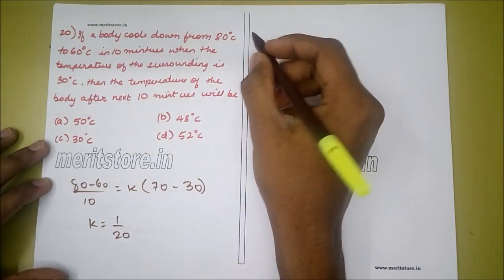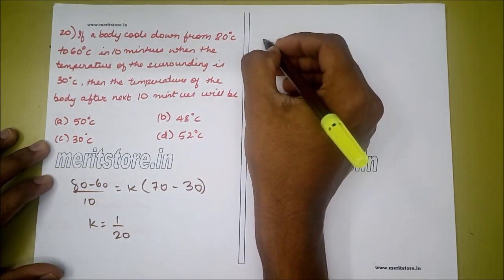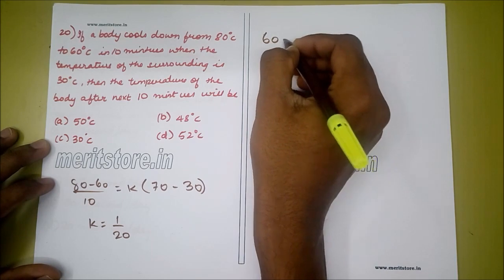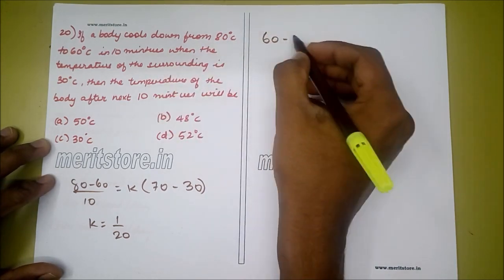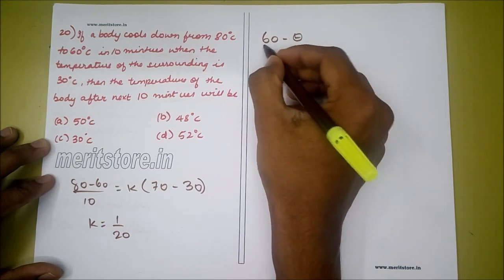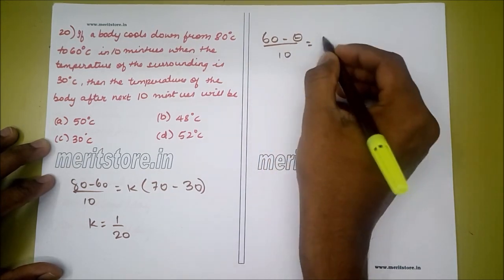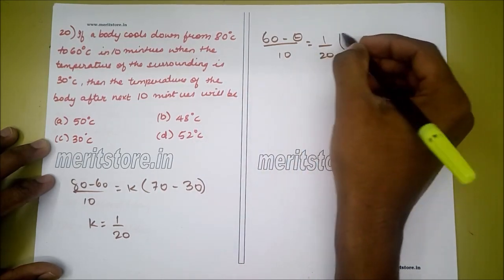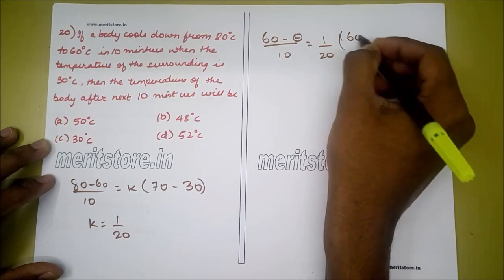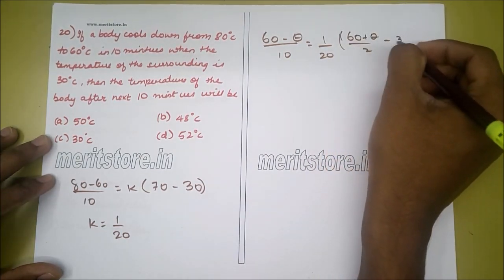Now using this value of K for the second case, 60 minus the final temperature that we need to find out. So 60 minus theta upon 10 minutes would be equal to 1 by 20 times the average of the two temperatures, that is 60 plus theta upon 2, minus the surrounding temperature of 30.